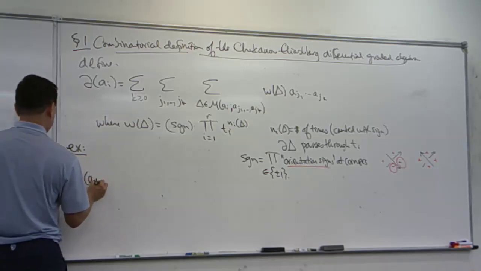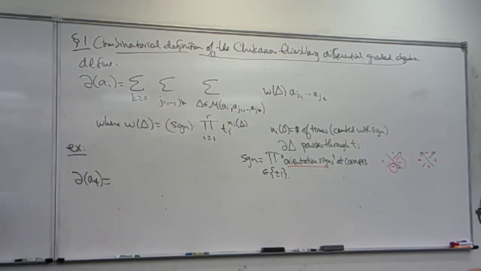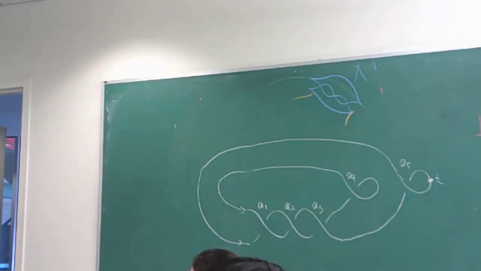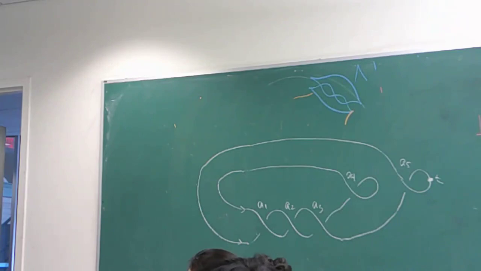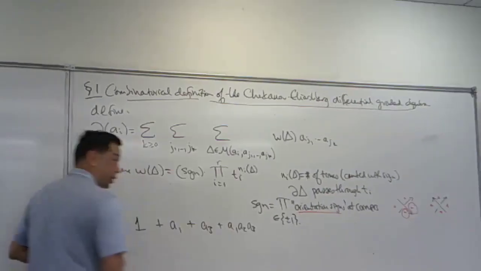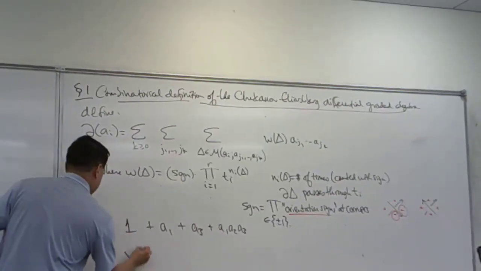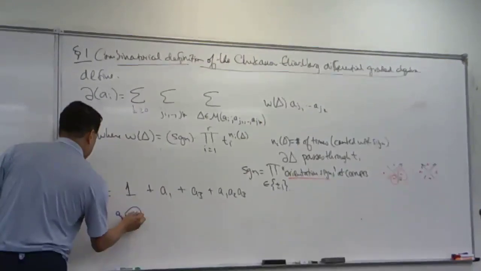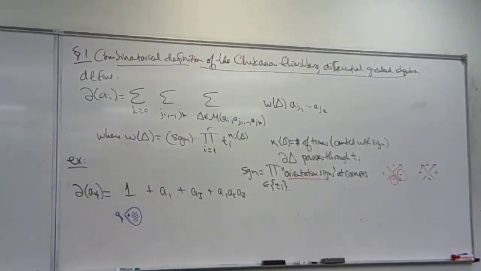With D of A4, in that example over there, there are 4 terms. So I'm going to try to write them down for you. What these look like is there's a disk that looks like this.